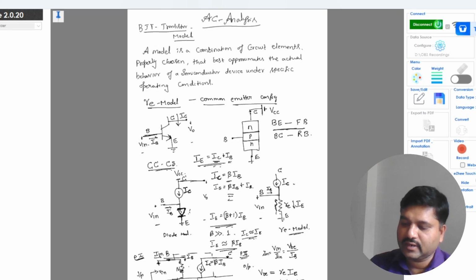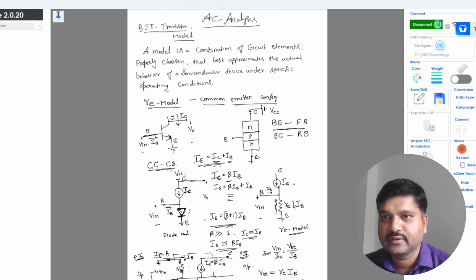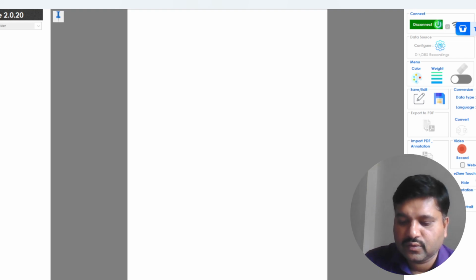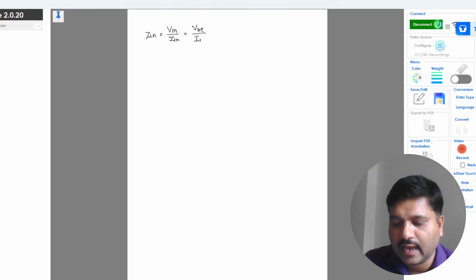I will continue the same in the next sheet. So my Zin, which is equal to Vin by Iin, where Vin is VBE and Iin is IB.